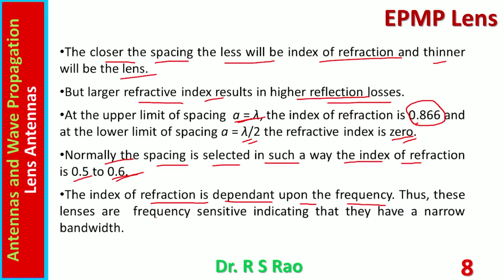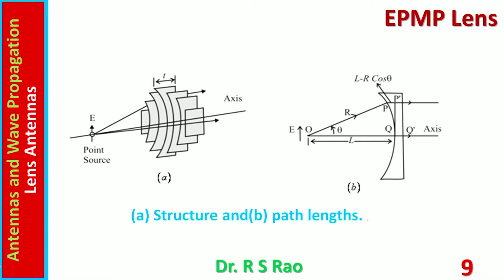Thus, these lenses are frequency sensitive, indicating that these are narrow banded devices. In this slide is shown the structure and path lengths of the rays of the wave. So let us focus on the structure.